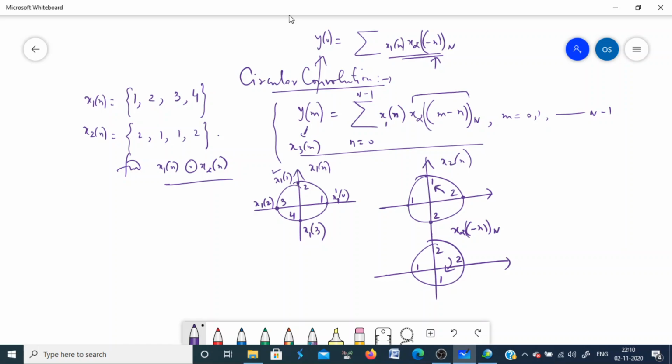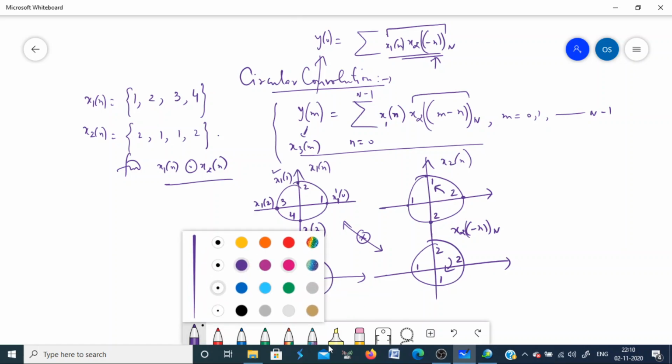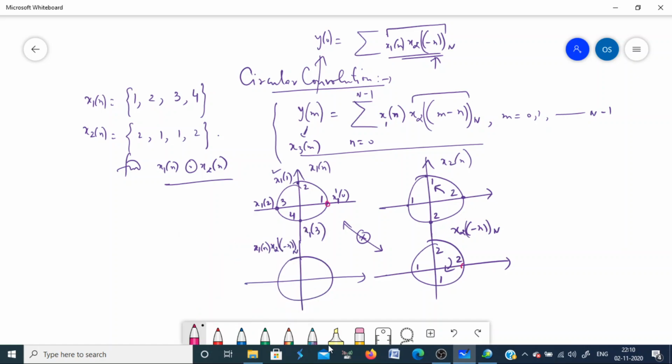And then you have to find the product, x1(n) into x2(minus n mod N). So you have to multiply these two signals together, and in this case the product is 4. How do you multiply this? This sample is multiplied with this sample, so 2 into 1 becomes 2.